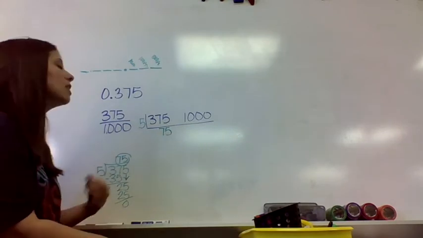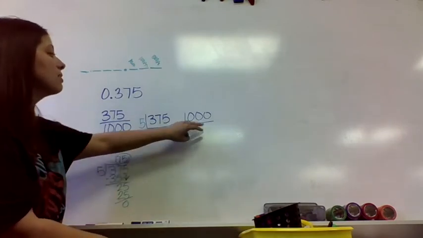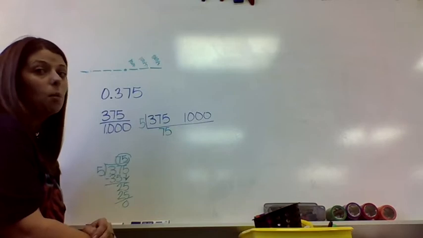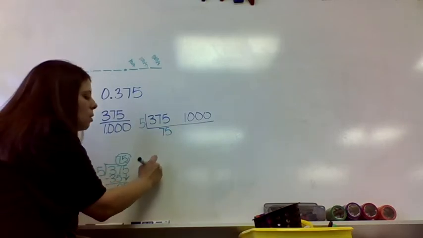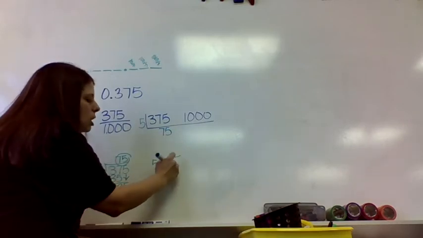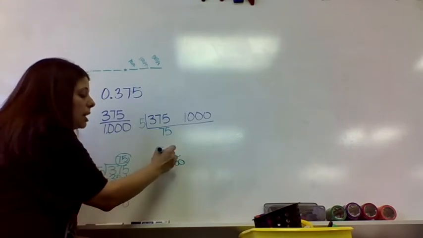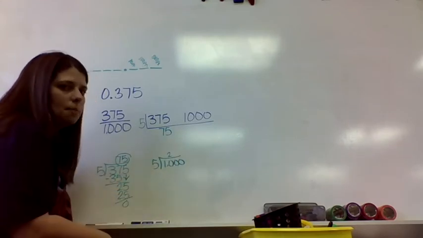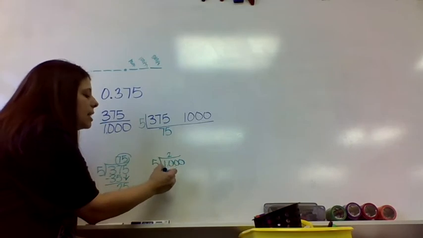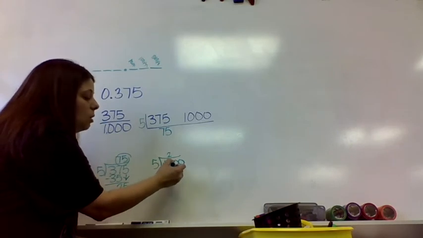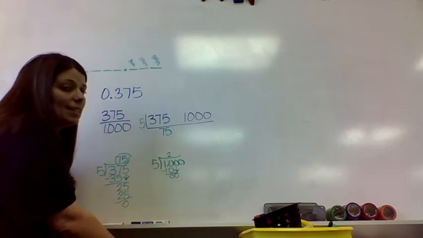Then I want to figure out how many times 5 can go into 1,000. I want to show you this way, but I also want to talk to you about a trick you may already know. 5 cannot go into 1, but it can go into 10 2 times. That gives me 10, which is 0, and I still have to bring these zeros down.